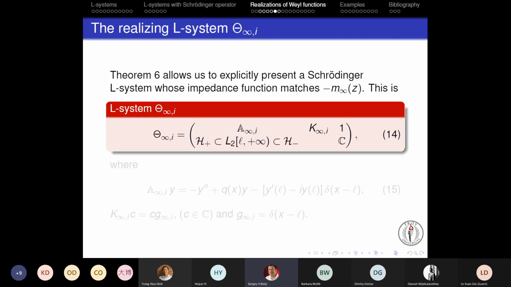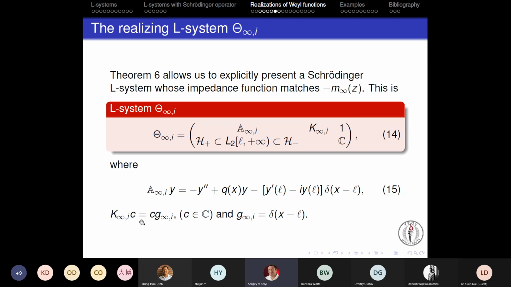As before, we're going to specifically write the system up. L system infinity i is given by the array 14, where the main or state space operator A infinity i is this.